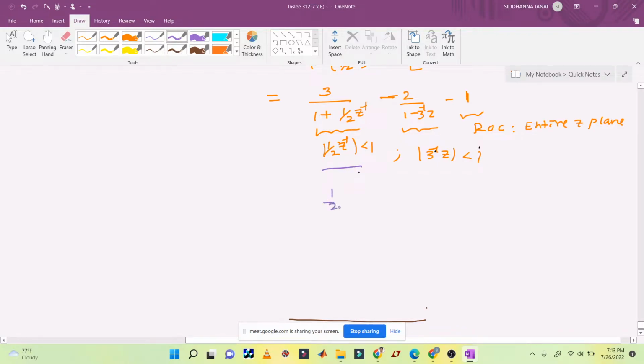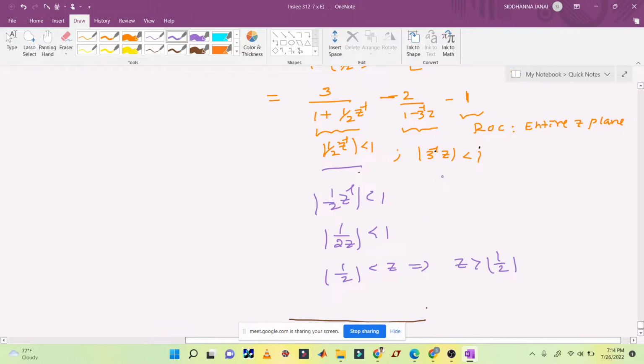So 1 by 2 z inverse is less than 1 means 1 by 2z is less than 1, or 1 by 2 is less than z. This implies z is greater than 1 by 2. I am just rewriting this equation.